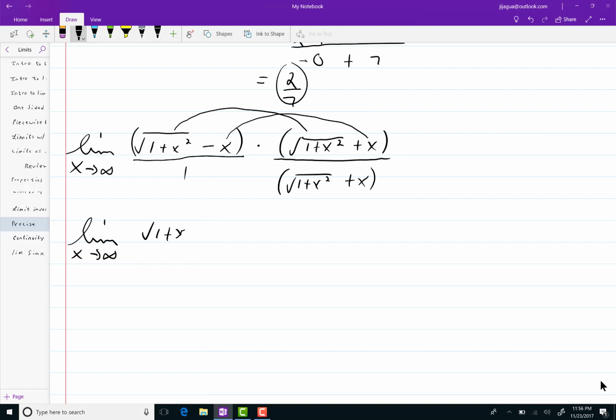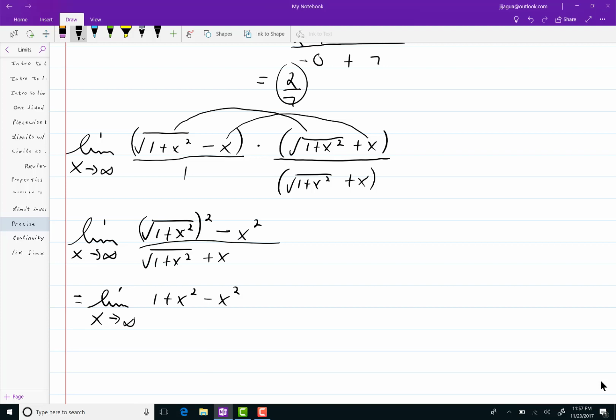the square root of 1 plus x squared minus x times x, which is x squared. And the denominator still has the square root of 1 plus x squared, plus x. Of course, squaring a square root makes it disappear.